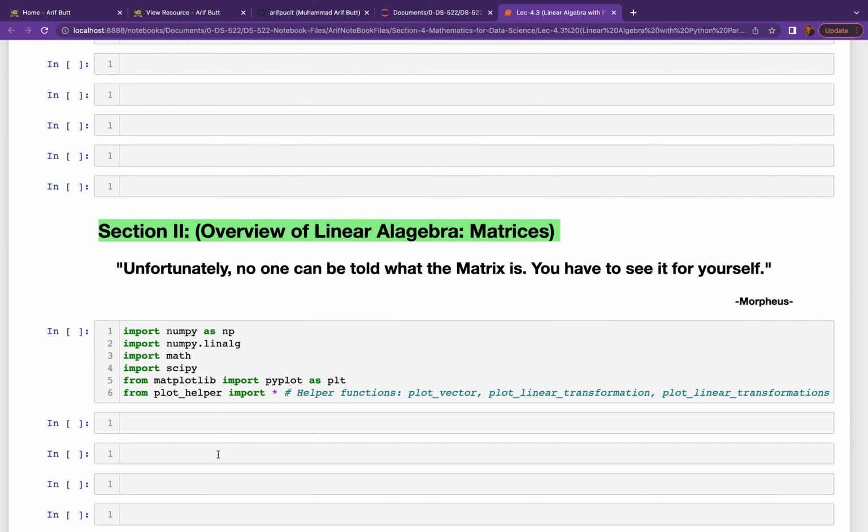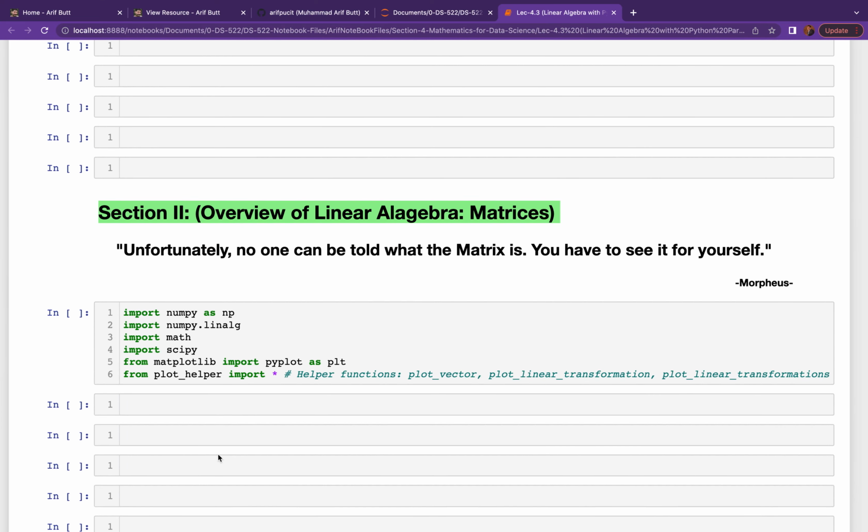Okay, so my dear students, we are done with section 1. That was a very quick recap, but a comprehensive recap. I've tried to give you a hands-on overview of vectors in linear algebra. We have seen the mathematical and graphical representation of vectors in 2D and 3D space. We have seen how we can compute the magnitude, direction, and components of vectors. We have covered the addition and the multiplication of two vectors, both the dot product as well as the cross product.